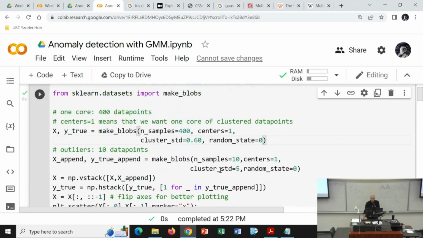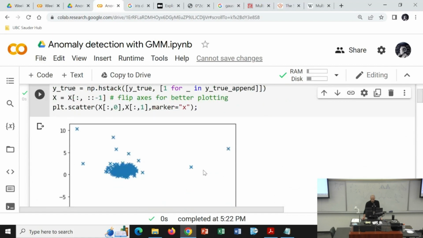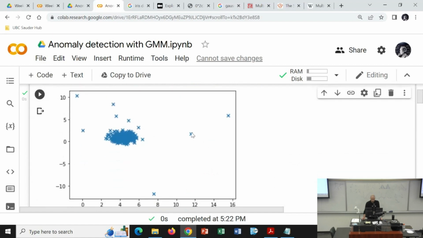And 10 of them are generated with a large standard deviation. That's why one of them is here, one of them is here, one here, one here. And if you check these, they are exactly 10. So a machine learning system that can distinguish these from the rest would be an anomaly detection system.